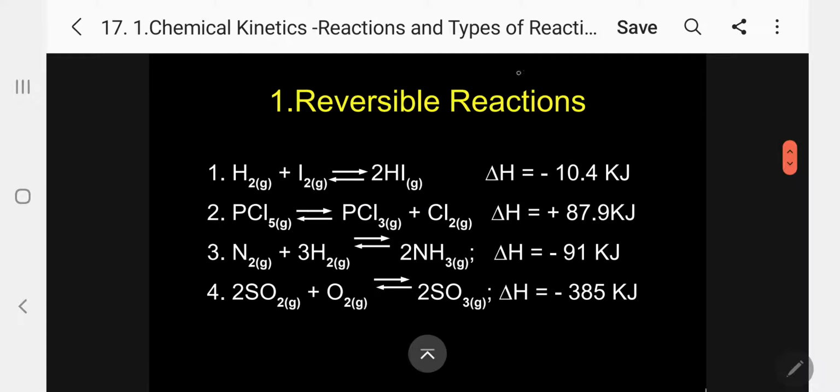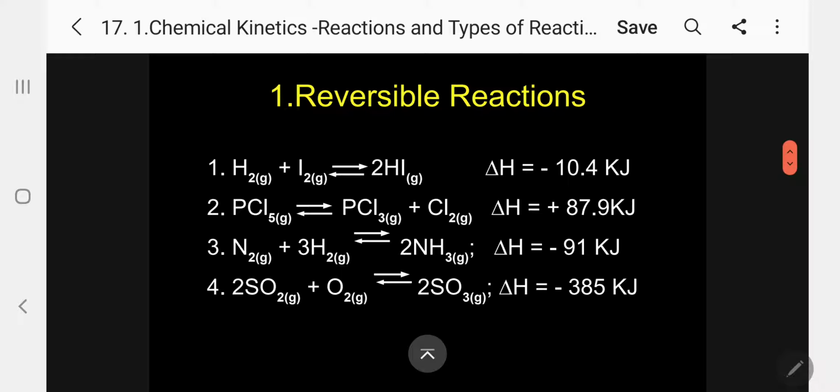Let me explain individually. What are reversible reactions? A reversible reaction is one where the reactants and products are in equilibrium, which can be easily indicated by a double-sided arrow. You can very easily recognize reversible reactions. Here I have given 4 examples.